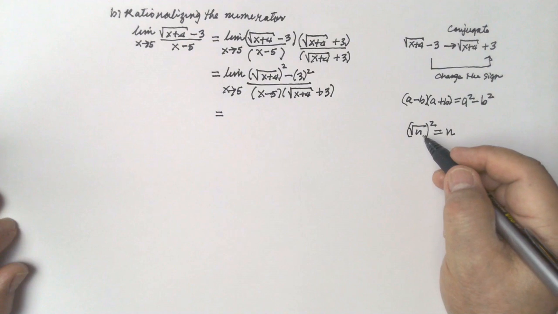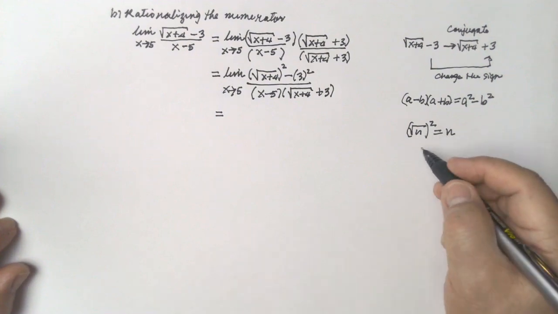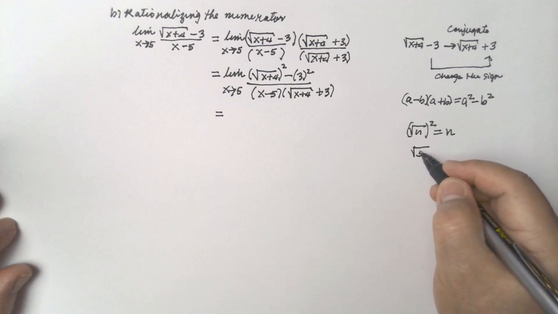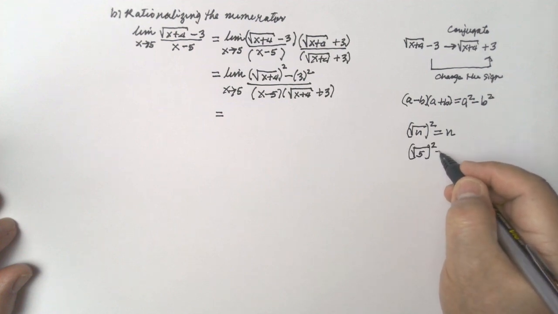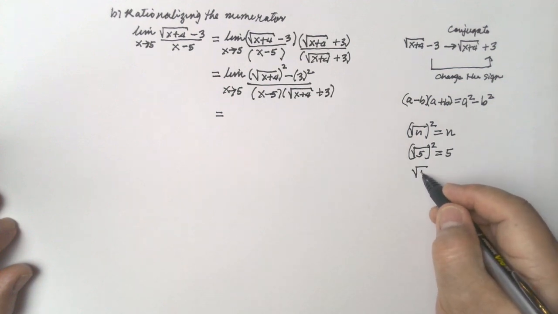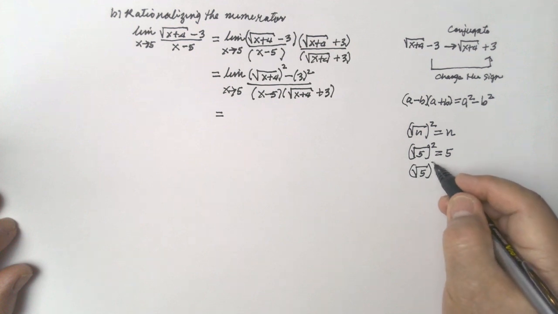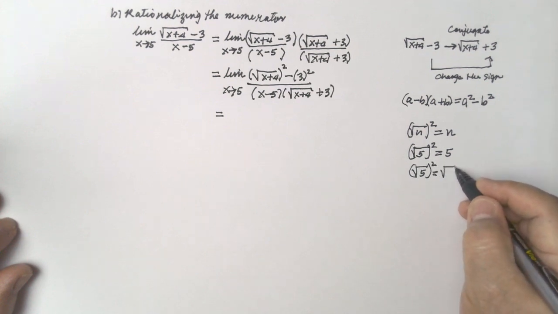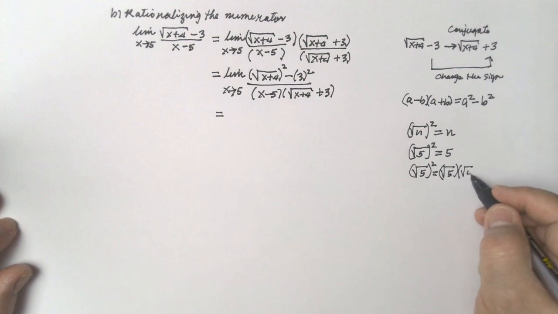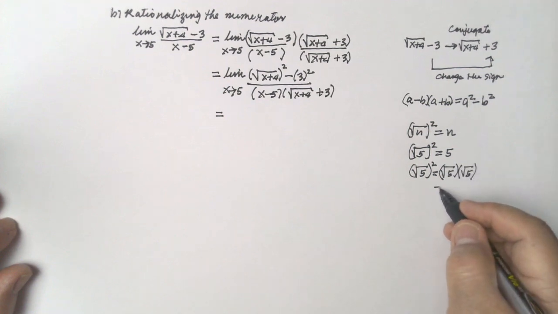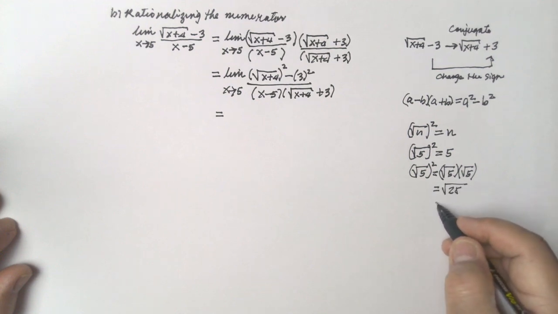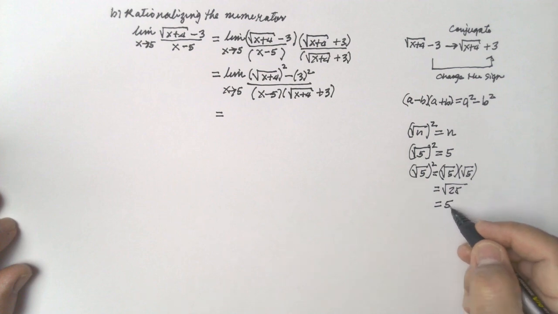If the square root of n is squared, the answer is n. For example, if we have square root of 5 square, this is equal to 5. If you want to check, square root of 5 square means square root of 5 times square root of 5. Square root of 5 times square root of 5 is square root of 25, and the square root of 25 is 5.